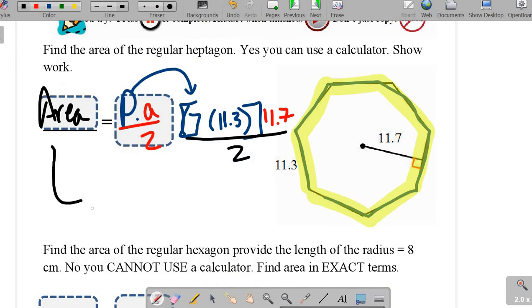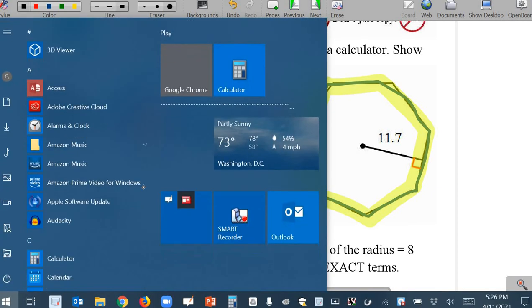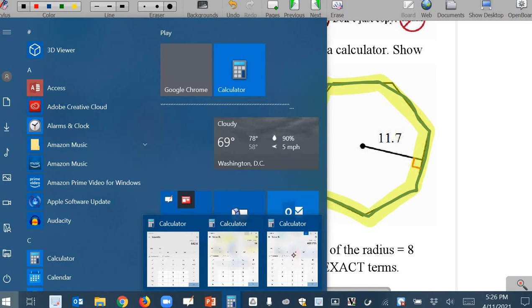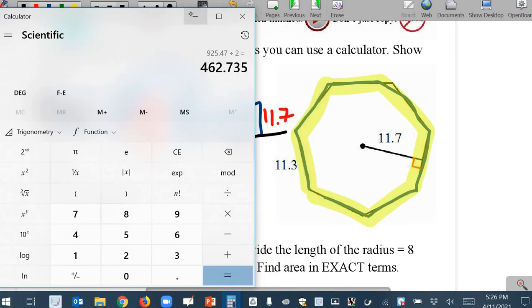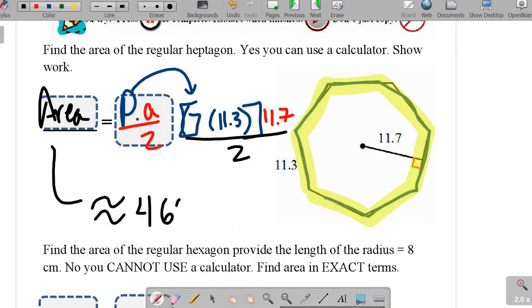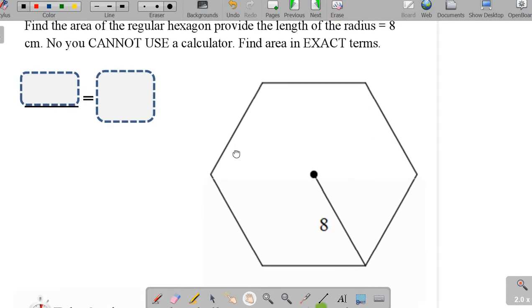Area is approximately 462.735 units squared.